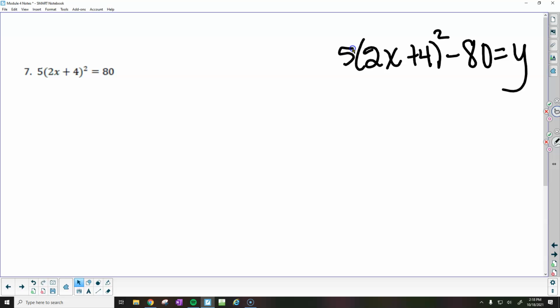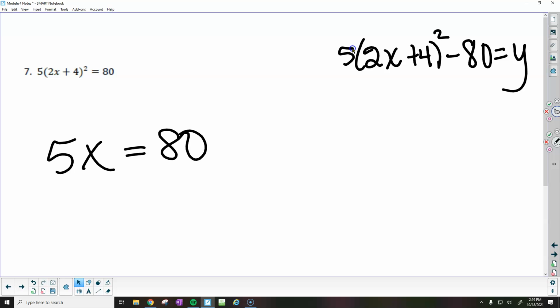I got one more thing for you. I've been asking kids all day long, what would be the first step that we would do to solve this problem? And they say distribute. Hold on. If it looked like this, what would you do on that? Y'all, same thing. Remember that's one term right there.